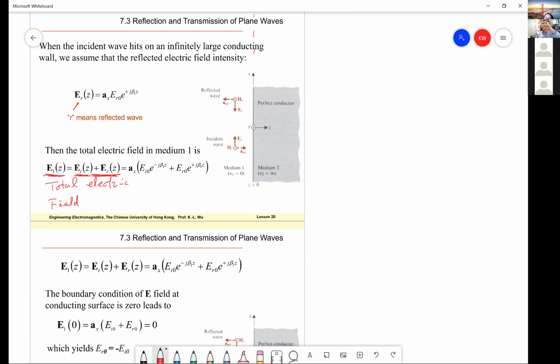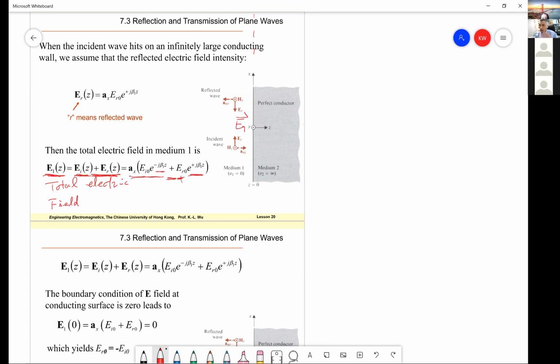The total field adds together. We have the incident field, polarized in the x direction, we know the magnitude, and then the phase constant, don't forget it is minus j beta z. Plus the reflected wave, magnitude I don't know, but the propagation constant I know. This is plus. We add together, and this is the total field E1.